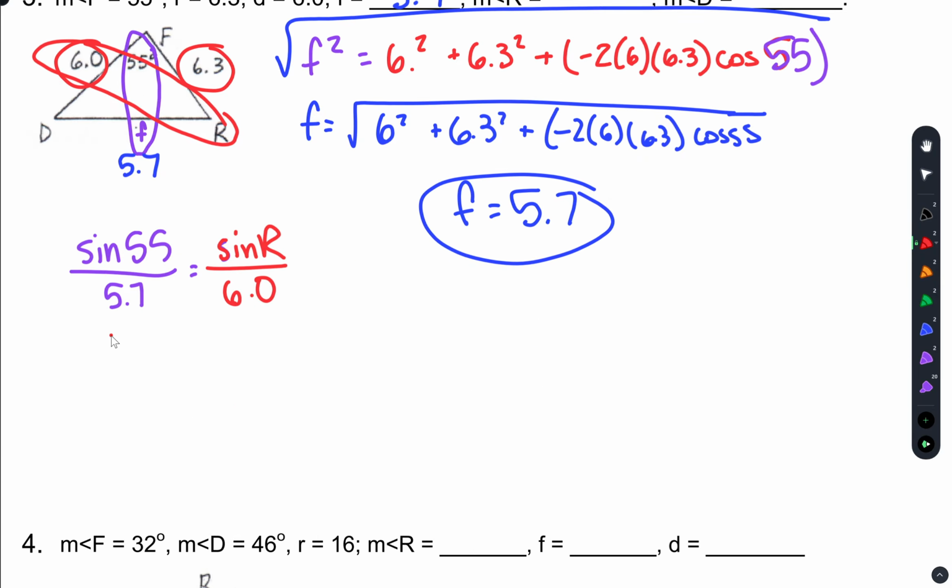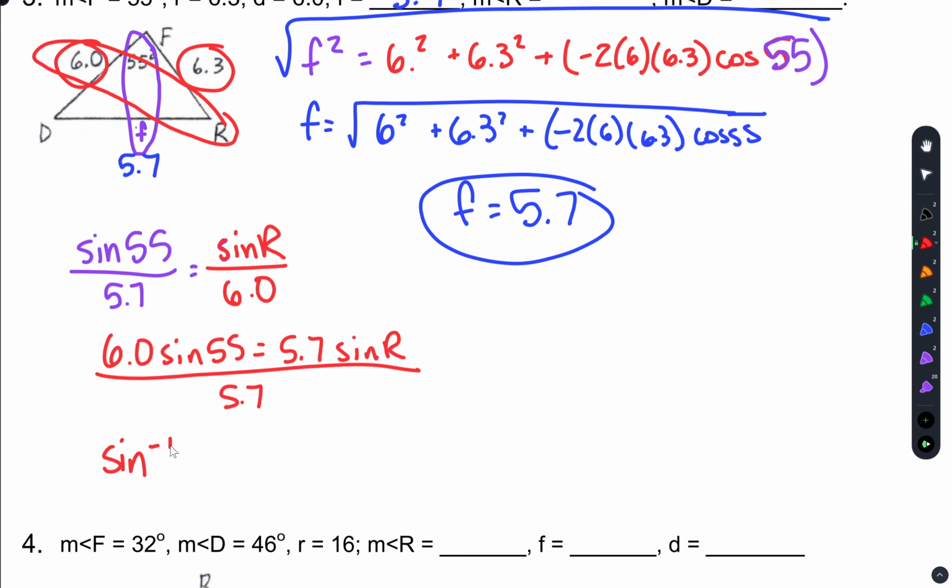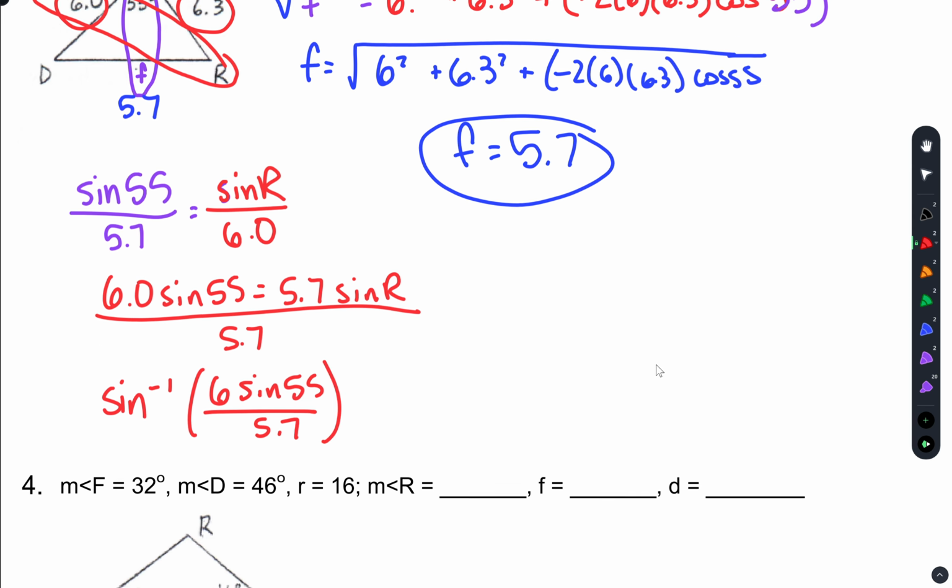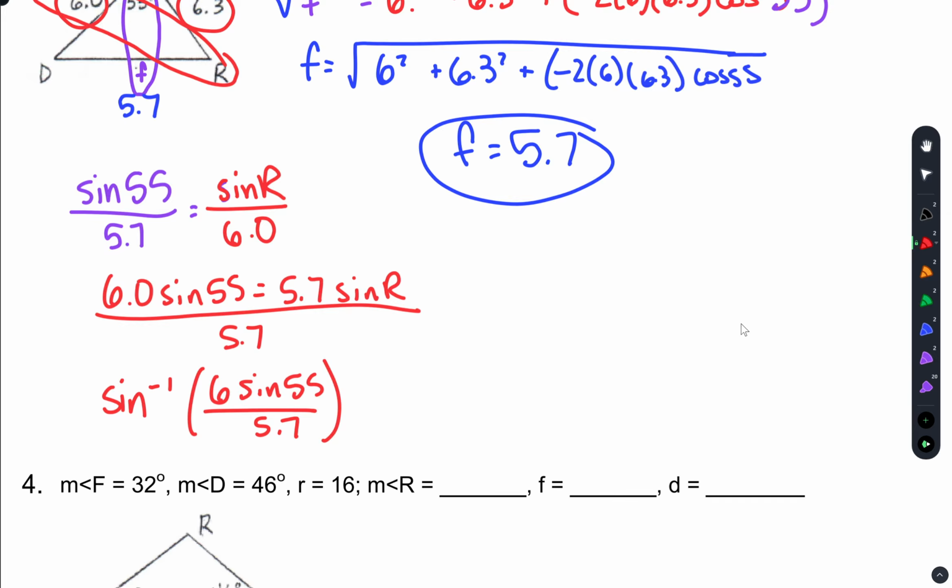I'm going to cross multiply: 6.0 sine 55 equals 5.7 sine R. Divide by 5.7. And then I'm solving for an angle. Anytime I'm solving for an angle, I'm thinking inverse. So I know I need sine inverse of 6 sine 55 over 5.7. Everybody good with how we got there?